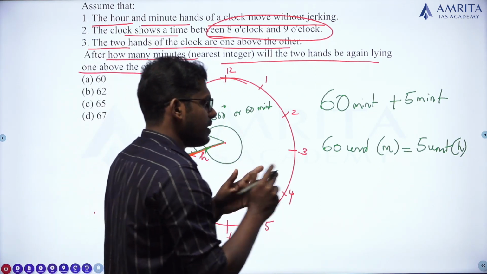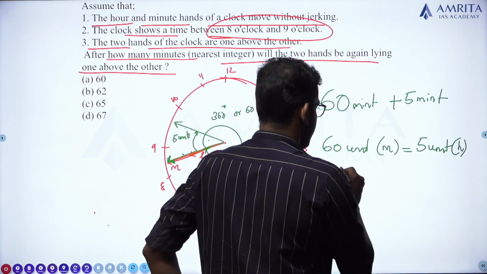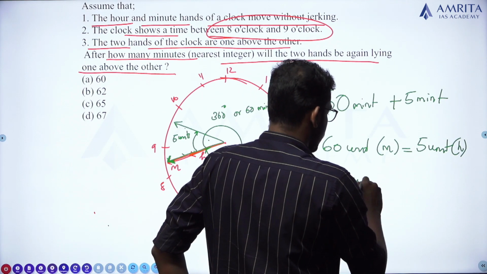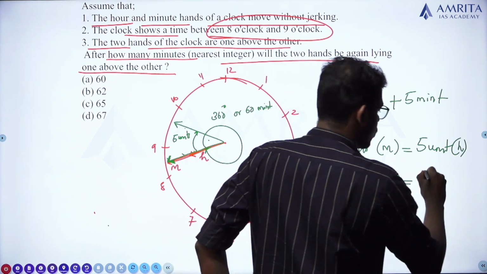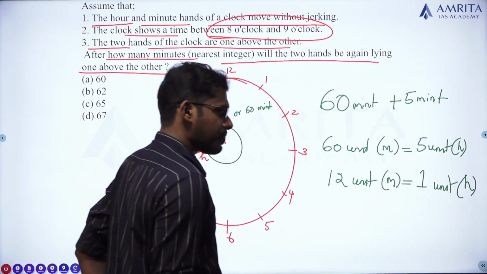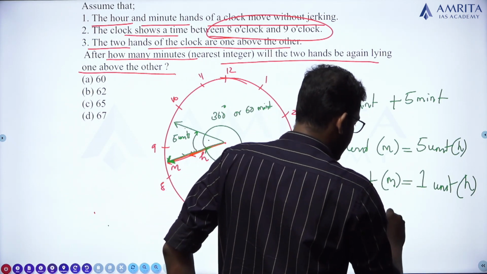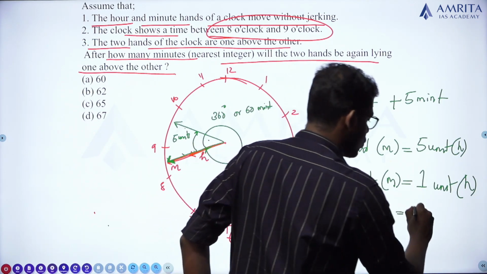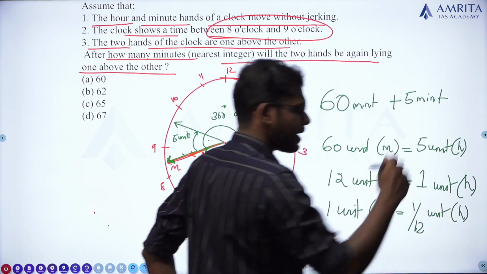Clear? Then we can write 12 units covered by the minute hand will be equivalent to 1 unit covered by the hour hand, and 1 unit covered by the minute hand will be equivalent to 1 by 12 unit covered by the hour hand.